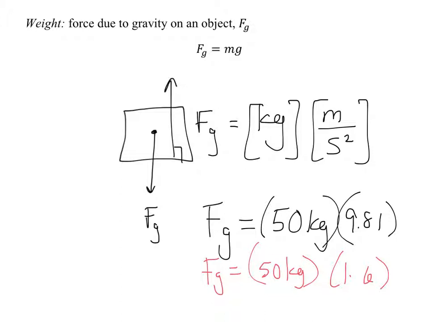So we get the idea that mass is constant, weight is not. Weight changes depending on the planet. When we look at the force of gravity between two particles at a certain distance later in the year, we'll see that it also changes as you change altitude. I alluded to this with Denver's Mile High Stadium. If you are at a higher elevation, you actually weigh less.